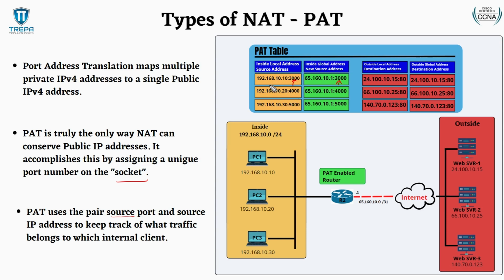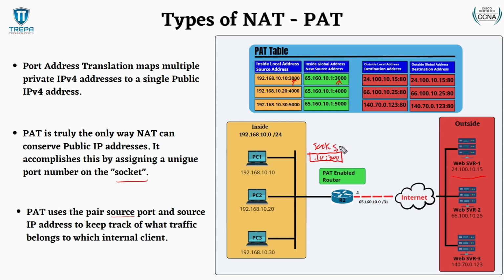So let's check this out. Let's say 192.168.10.10 needs to make a connection to our web server here. So when it does that, it's going to, again, create that IP packet. So what we're going to have here in our source packet, and I'm not going to write the whole IP address out, is .10:3000. That's actually going to be our socket, right?